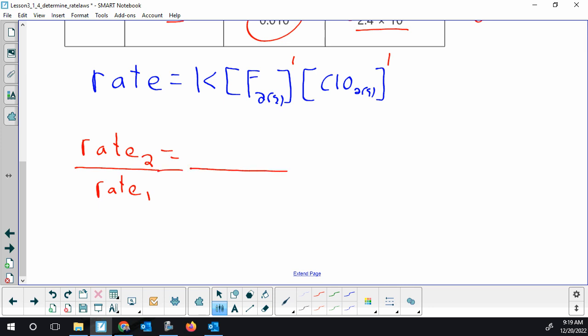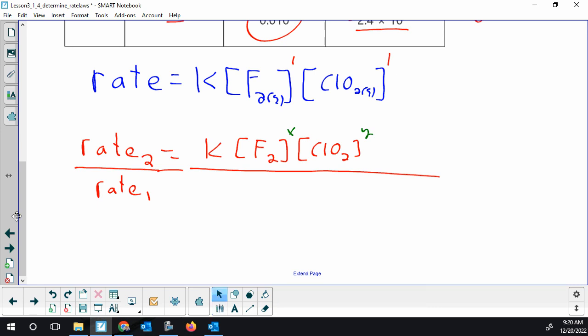So a rate is always a rate constant times the concentration of your chemicals to some power. I'm assuming we haven't solved this yet. We're trying to find X and Y. I left out my states for the sake of speed. We'll fill that in for rate 2.